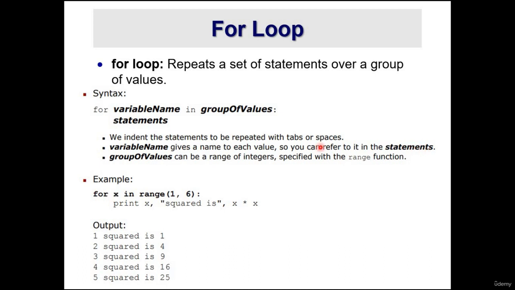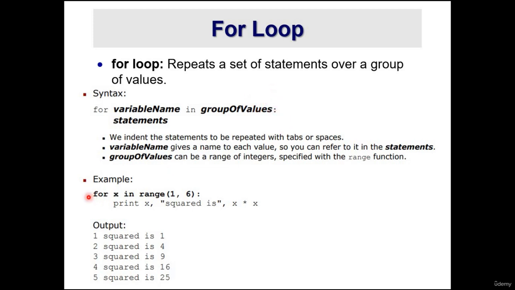This variable name is very important while using for loop, and variables are very important in any coding language. Group of values can be a range of integers specified with the range function. While specifying the group of values, we mostly use the built-in function range, and then we specify the range of integers.